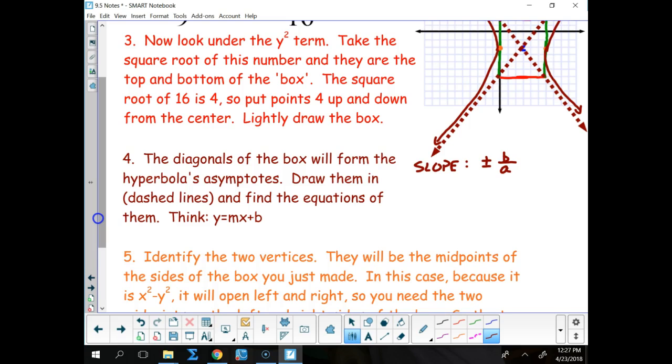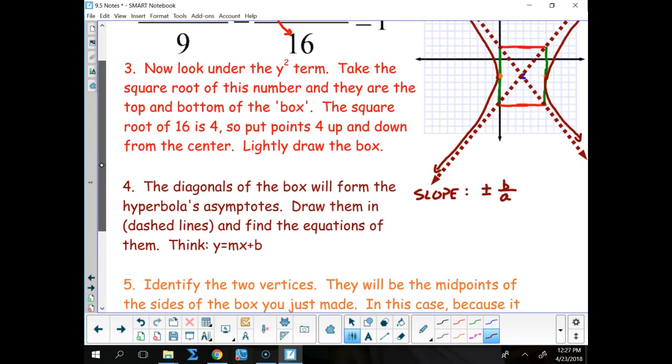So that will always be the slope of the lines. In this particular case, a was 3 and b was 4. So the slopes of those two lines are one positive 4/3 and one negative 4/3.